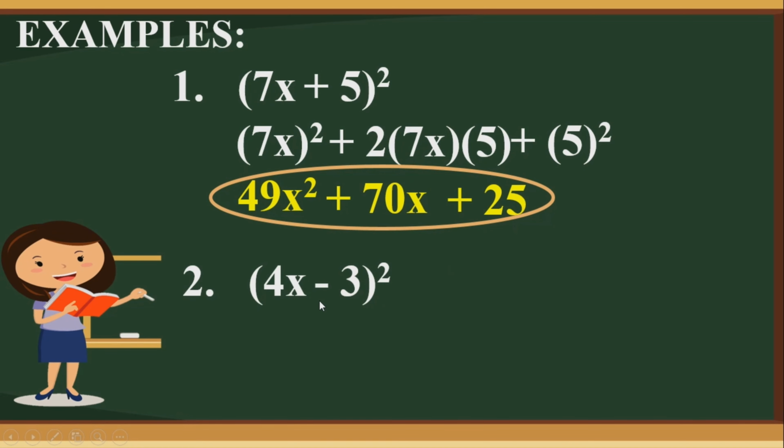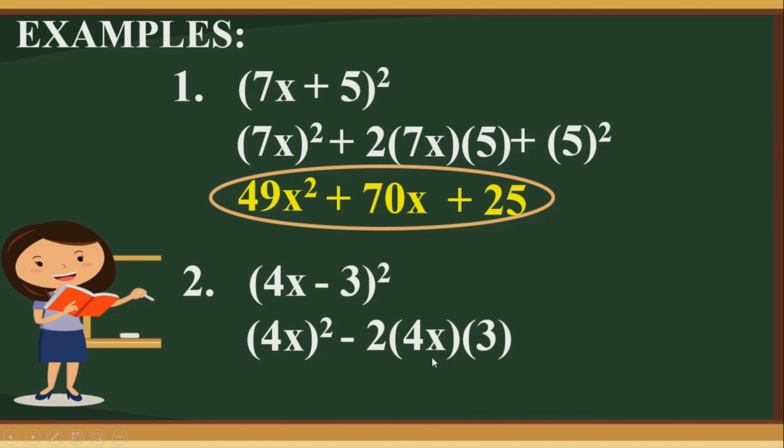For number 2, we have quantity 4x minus 3 squared. So we square the first term, that is 4x squared. Since this is negative, the middle term is also negative. Then 2 times the first term, that is 4x, and then the second term is 3. And then the square of the last term, that is 3 squared.